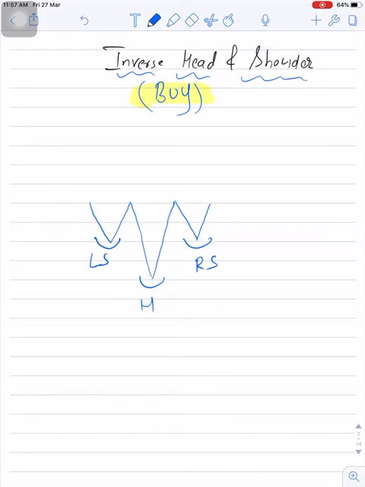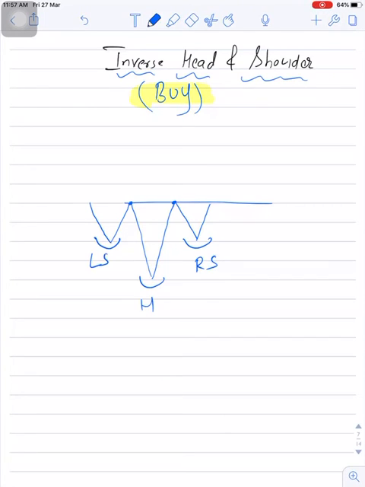Now here again you need to understand the concept of neckline. In inverse head and shoulder pattern, neckline is nothing but a resistance line. So here we need to find out the top of the left shoulder and the top of the head, and you need to connect these 2 tops. If they are at the same level, you will get a flat neckline.